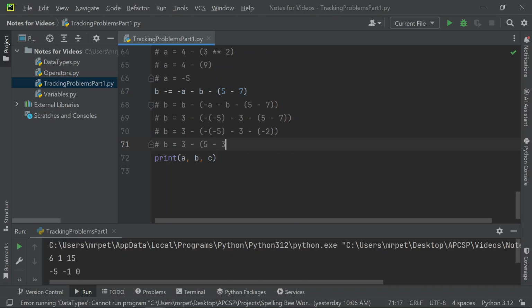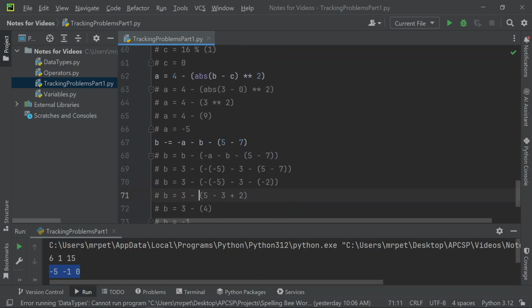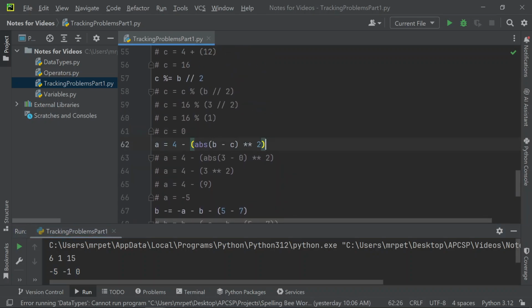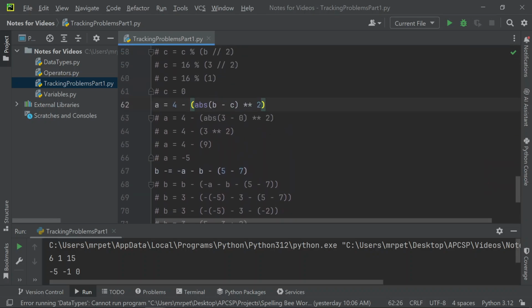So we get 5 minus 3 plus 2. The inner parentheses is now 2 plus 2. That minus sign is now acting like minus 1 times 4, or just 3 minus 4, we get minus 1. There we go. I think we got the correct answer here. A is minus 5, B is minus 1, C is 0. All right, and that's how you do tracking problems.